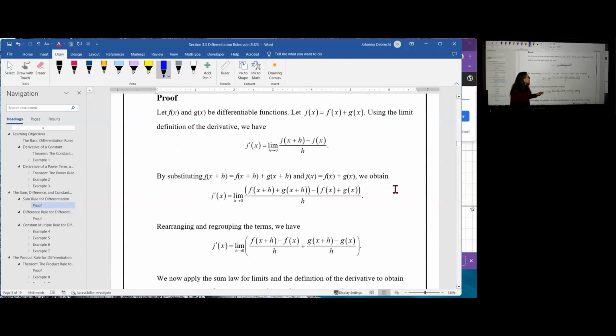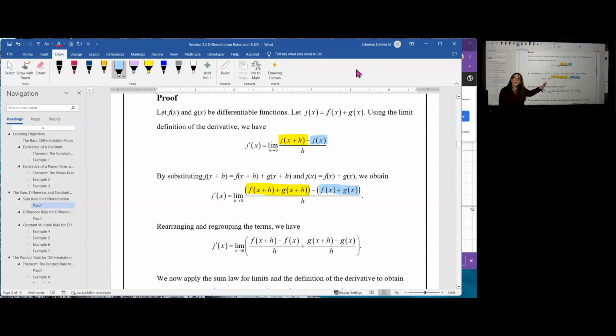The next thing that we want to do after writing it in terms of this function j is replace that with what j represents, the sum of the two functions. So I can replace this j of x plus h with f of x plus h plus g of x plus h. And I can replace j of x with f of x minus g of x.